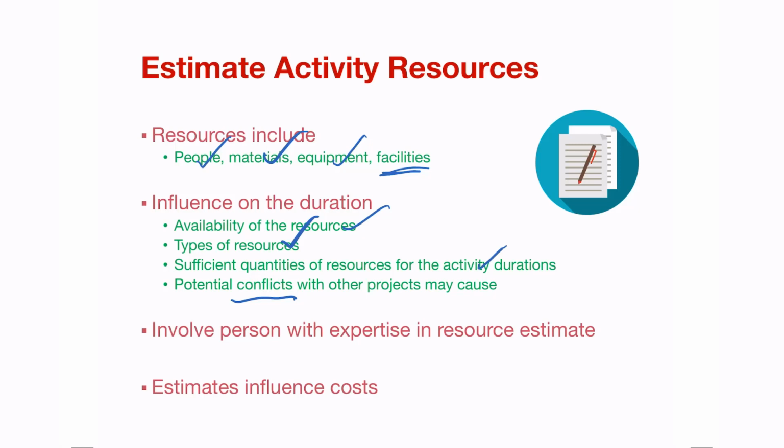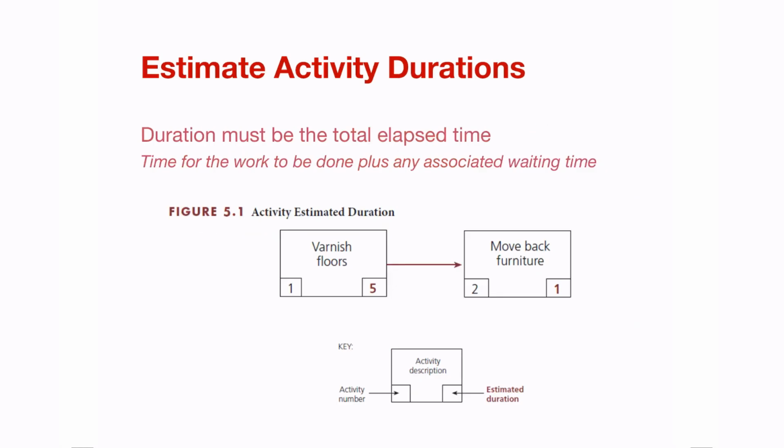You need to be able to handle those potential conflicts within an organization. You also need to involve a person with expertise in the resource estimate, and estimates influence the final costs of the project.